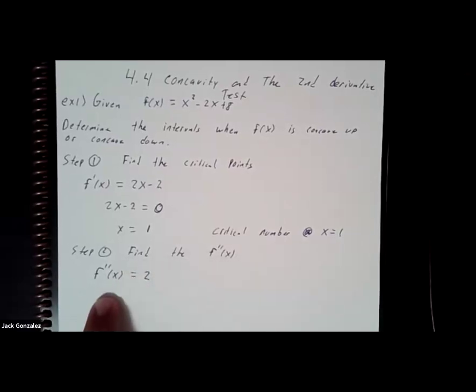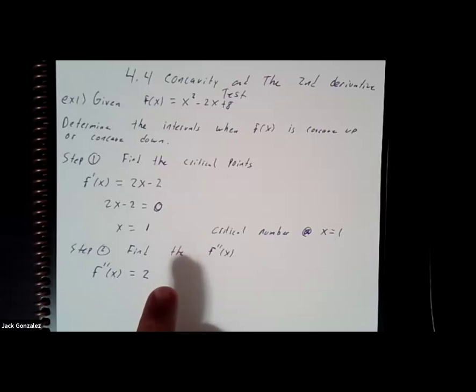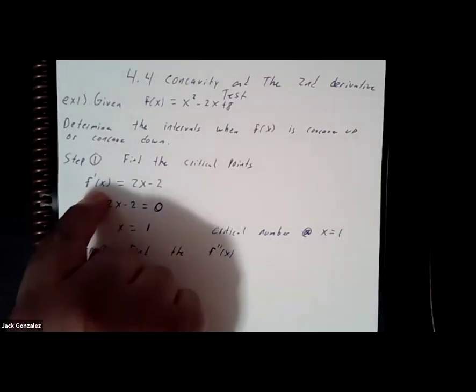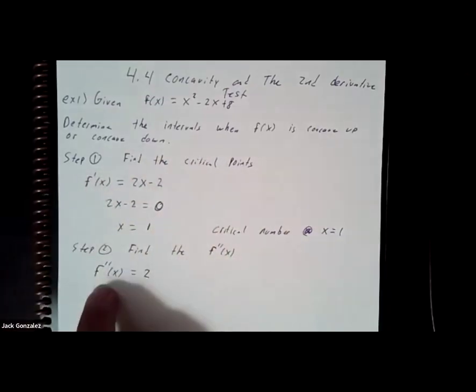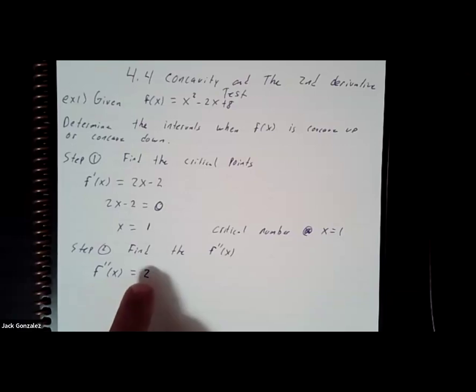Now, although if you plug in a number to the first derivative and it's positive, then it is increasing at that point. If you plug in a number here and it's positive, then it's concave up at that point. But what do you see? What do you notice about this second derivative?